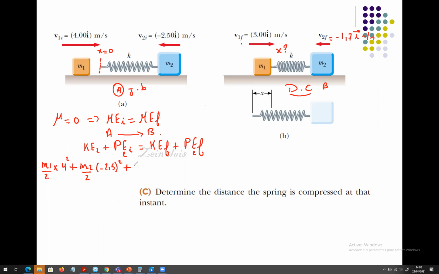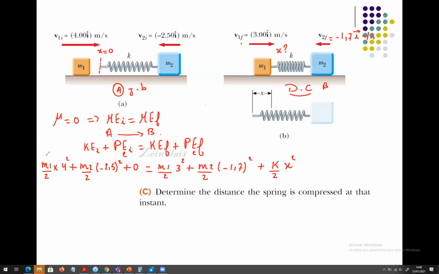We don't have compression, so it equals 0. In the final state, we have velocity and elastic compression: m1 over 2 times 3 squared plus m2 over 2 times minus 1.7 squared, and for the elastic energy we have K over 2 times X squared.